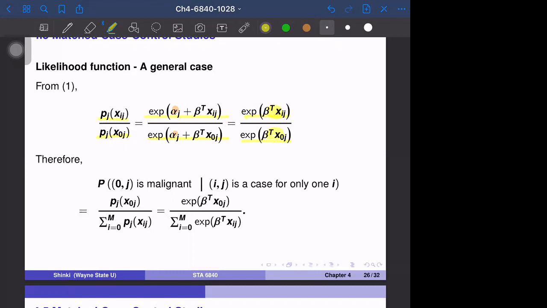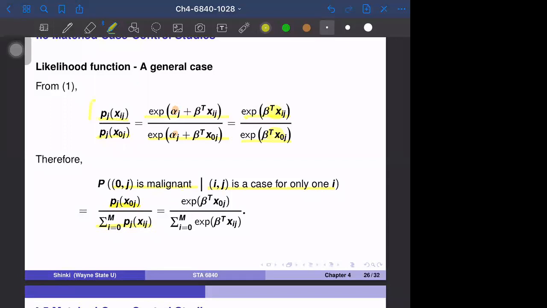Then what's the conditional probability? To be exact, the conditional probability that the zeroth observation is malignant, given only one observation is malignant. We do the same calculation as the previous example. This is the unconditional probability that the 0j is malignant, and the denominator is the summation of all probabilities.